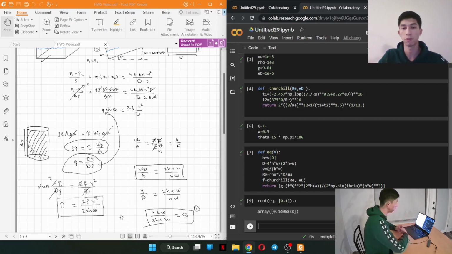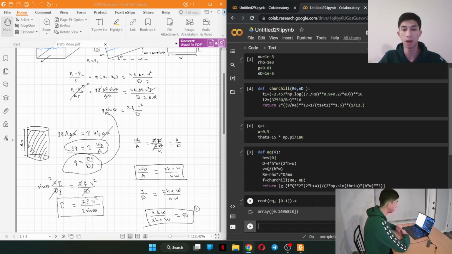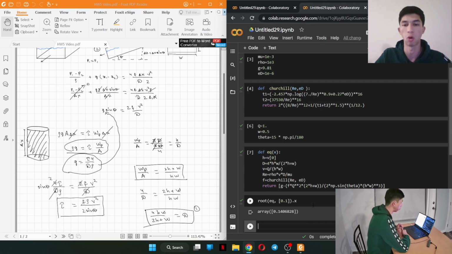We used the root solver from Python so that our function is equal to 0 with the actual g, which is 9.81, and we found the specific h that makes the equation equal to 0. Our final answer for the height of the water is 0.14 meters. Thanks for your attention.